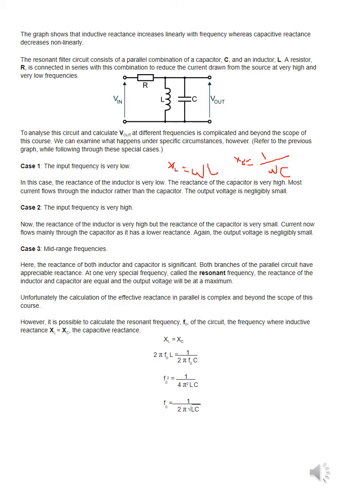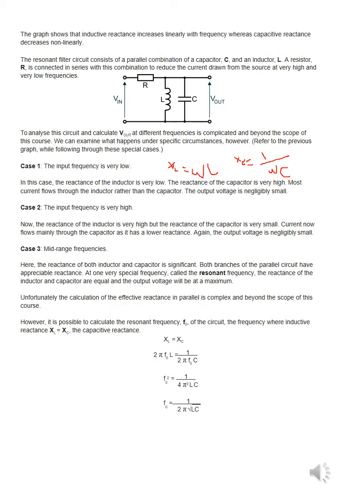But the rule of the parallel combination is that the voltage must be the same. So most of the current flows through the inductor rather than the capacitor, and the output voltage is negligibly small.